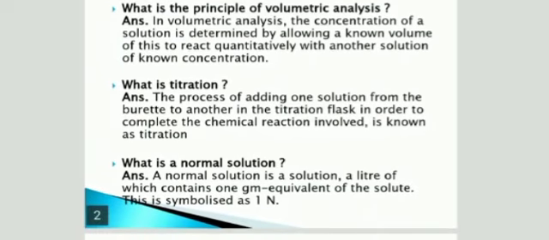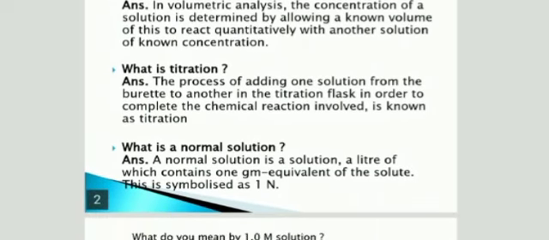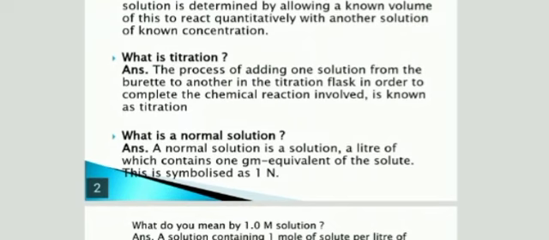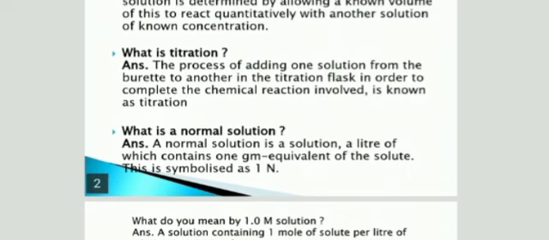The next question, what is titration? The process of adding one solution from the burette to another in the titration flask in order to complete the chemical reaction involved is known as titration.